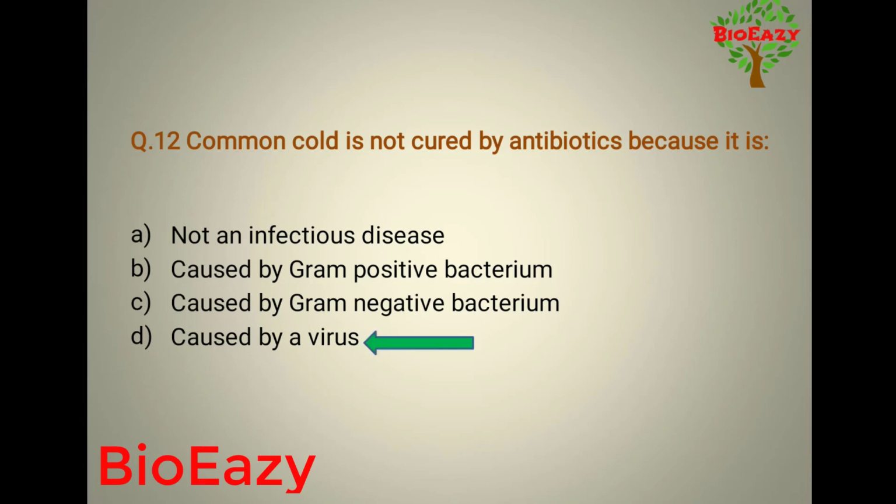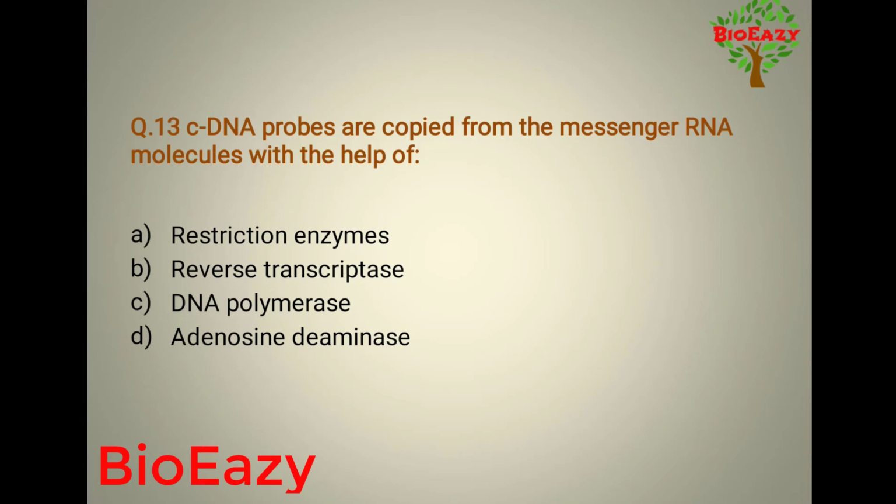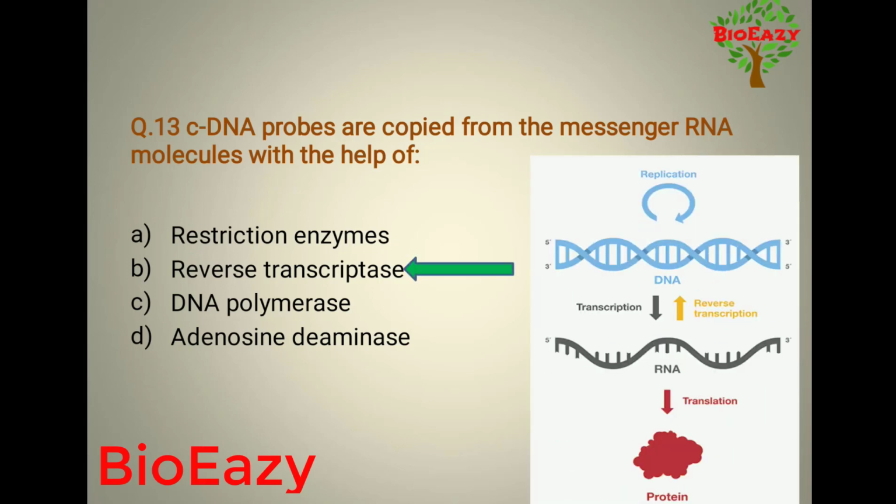Next question is, cDNA probes are copied from the messenger RNA molecules with the help of. Look, cDNA is the complementary DNA which is formed by the reverse transcription process. So your answer is reverse transcriptase. And in the solution you can see, when DNA is formed from DNA, it is called replication. When single-stranded RNA is formed from double-stranded DNA, this process is called transcription.